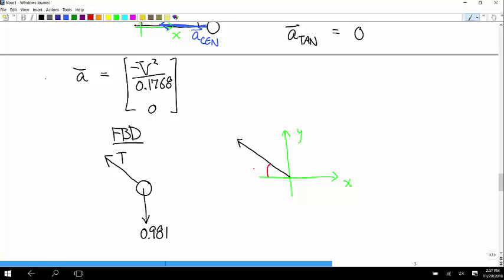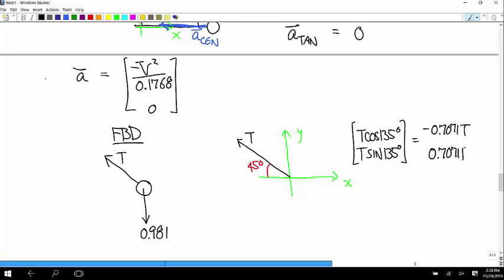We know that this angle is 45 degrees. The magnitude of this is t. And so what's the angle theta for this vector? 135. So the force is t times cosine of 135, t times sine of 135, and that gives negative 0.7071 t for the x component, positive 0.7071 t for the y component.